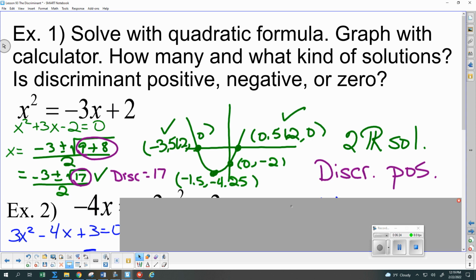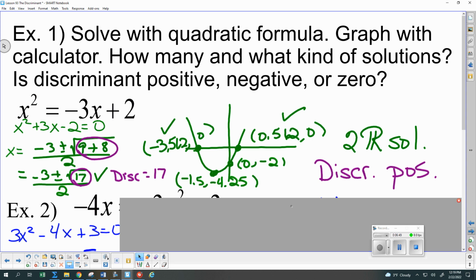The discriminant equals 17. If you have homework sets that say, what is the value of the discriminant? Calculate the discriminant. You need to do b squared minus 4ac equals 9 plus 8 equals 17. That was positive. That inside is what matters. The discriminant was positive. We had two real solutions.